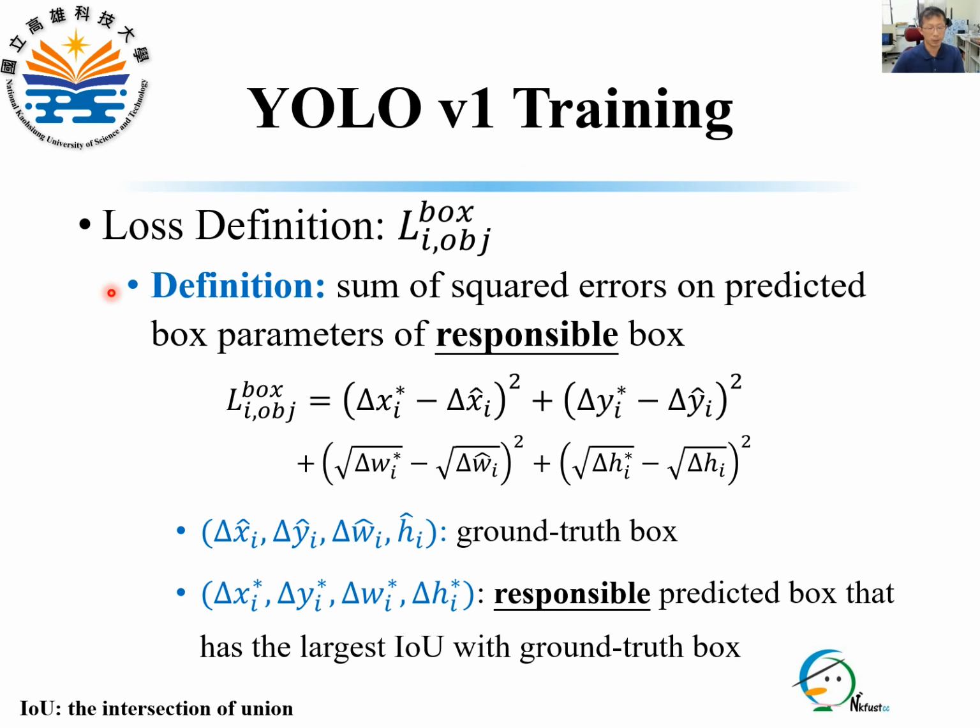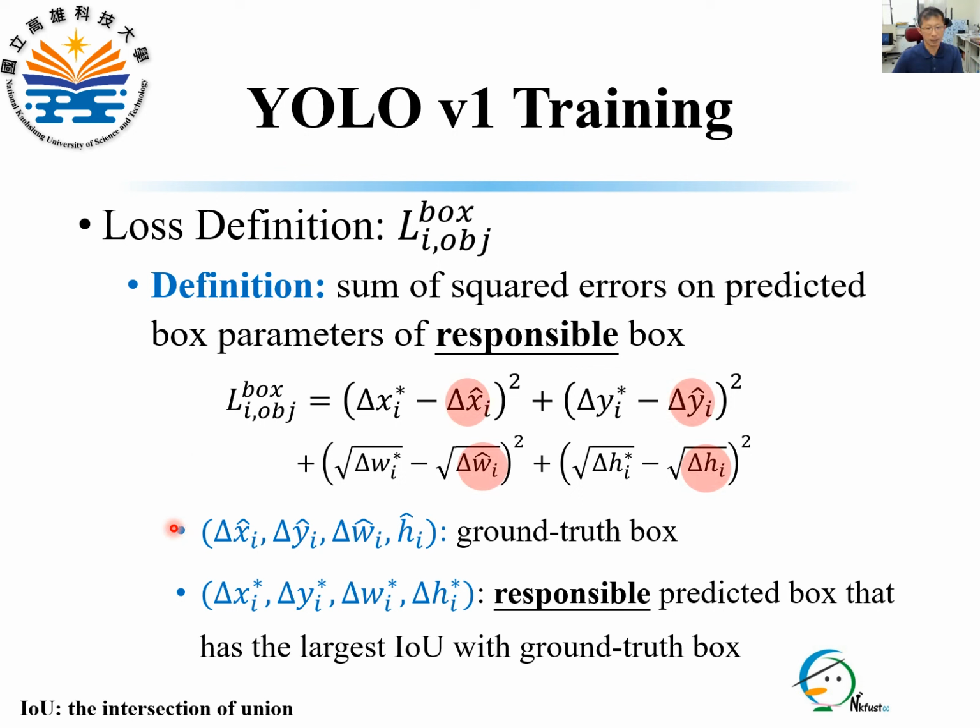For the box loss, it is defined as the sum of squared errors on the predicted delta x, delta y, delta w, and delta h of the responsible box. Here shows the definition of the box loss.